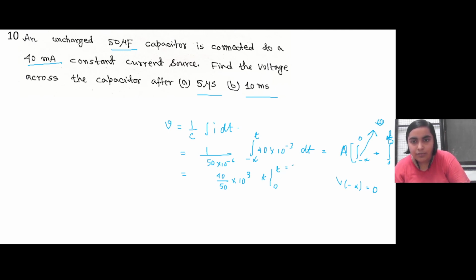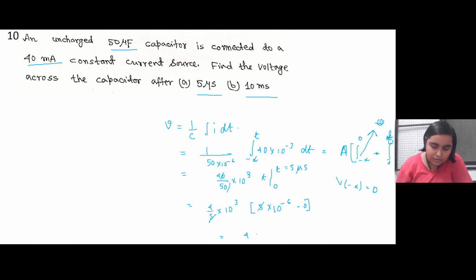Once it is given as 5 microseconds, it is 40 by 50 into 10 to the power 3, times 5 into 10 to the power minus 6 minus 0. If you cancel this, it is 4 millivolt, right?